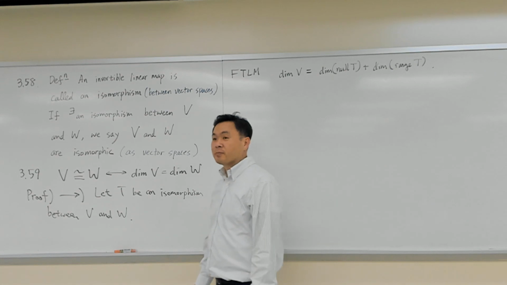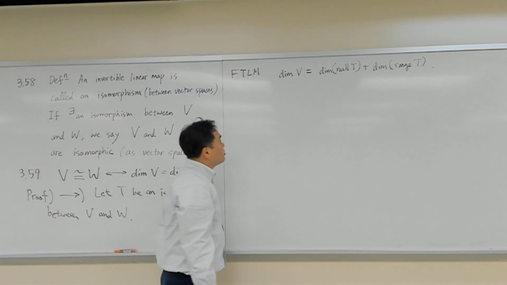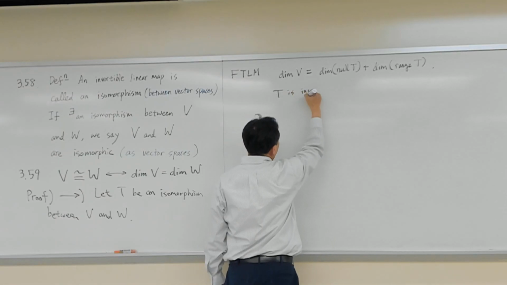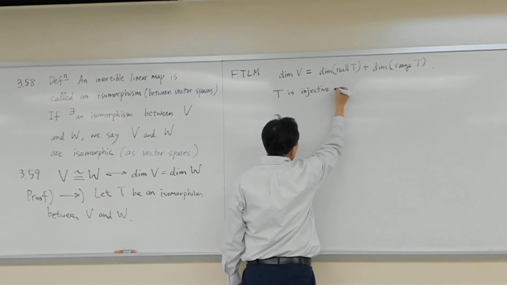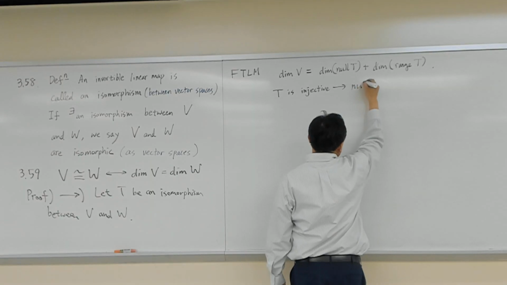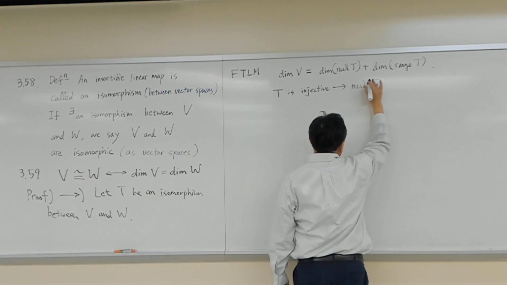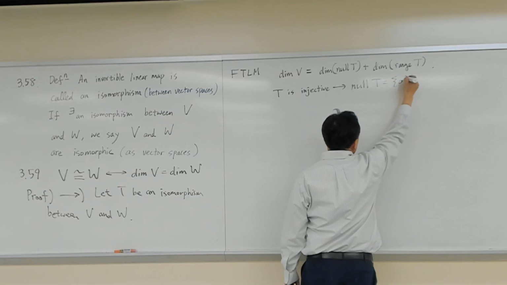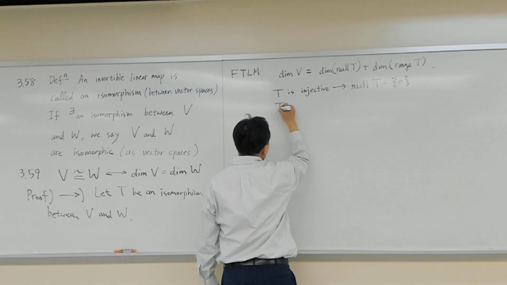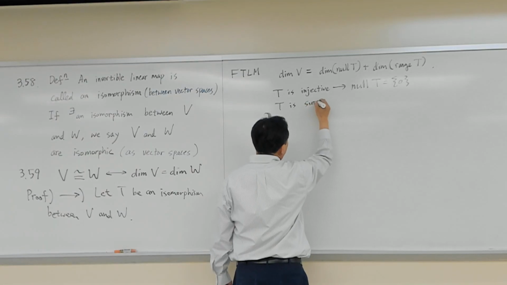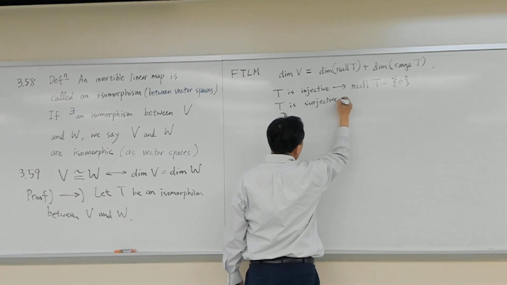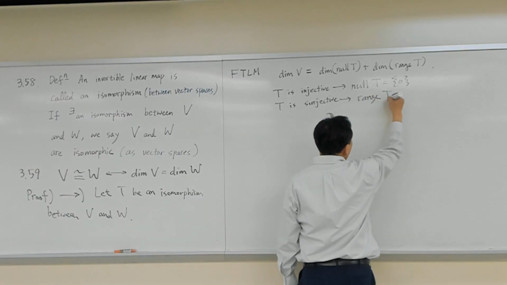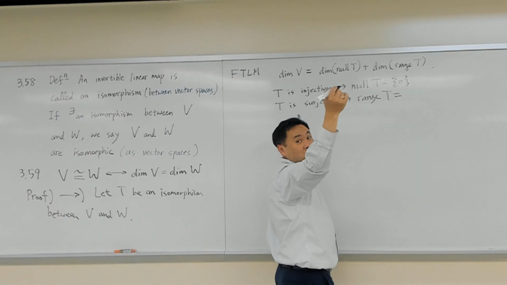Okay. But we also know two things. T is injective, means null space of T is, we learned this last time? 0. 0, yes. And T is surjective, means the range is what?